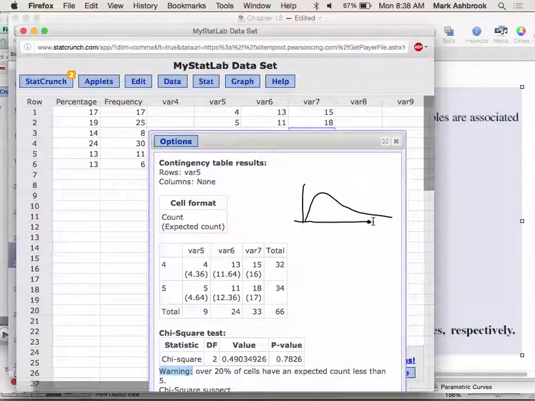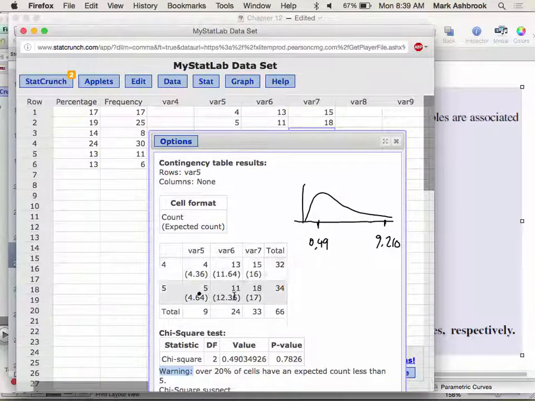If the test statistic was really close to the critical value and we were making a decision right at the borderline, then we would probably say this isn't good. But our test statistic is like 0.49. And what was our critical value? 9.210.